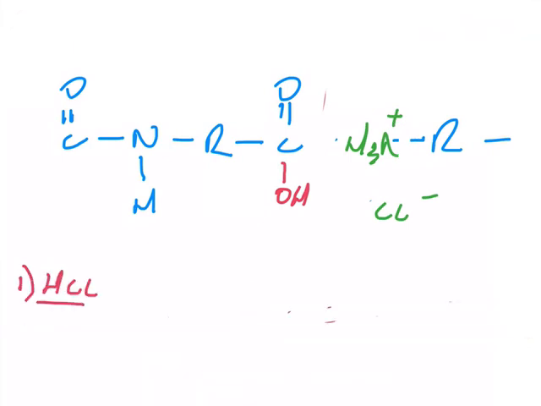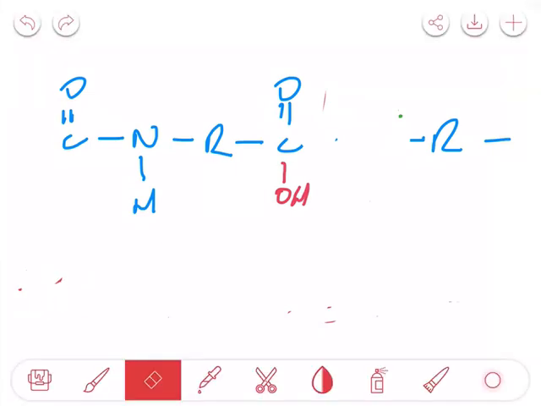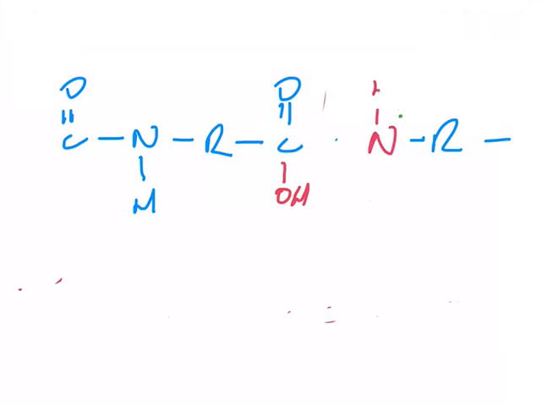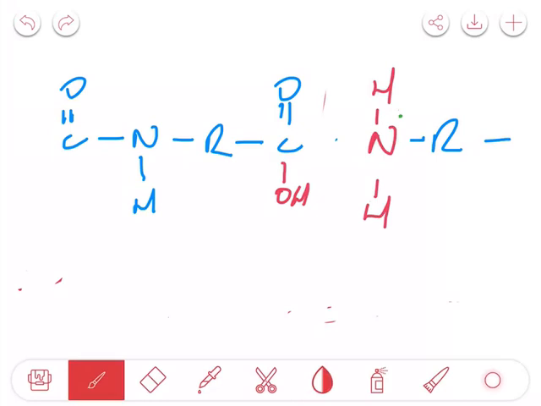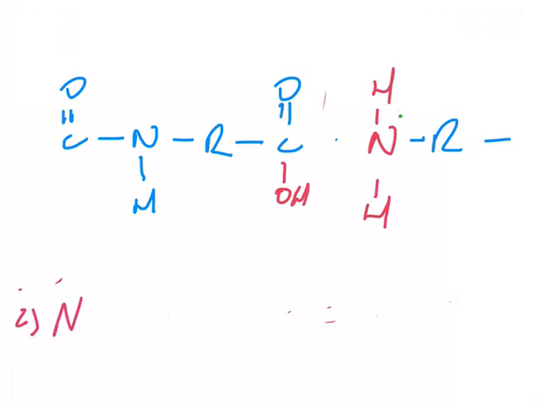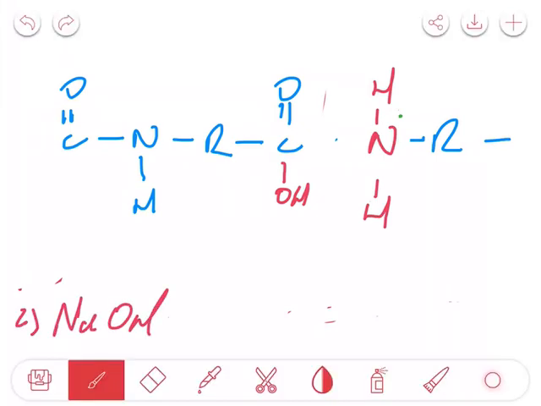If we did it with alkaline hydrolysis, so that's the sodium hydroxide, let's just pop this back as it was. So we have the N, H and H there. If I was doing this using sodium hydroxide instead, it's exactly the same as what happened with the polyesters.